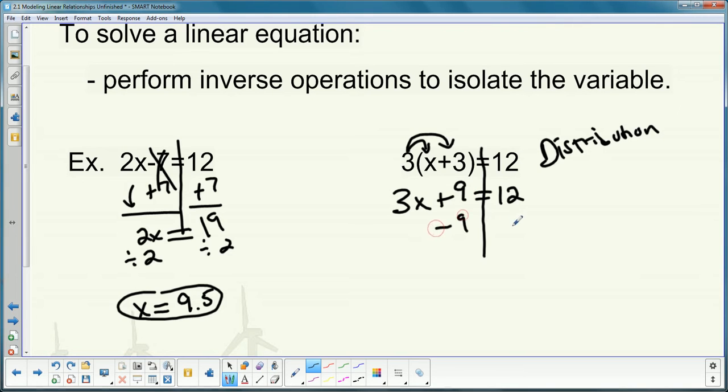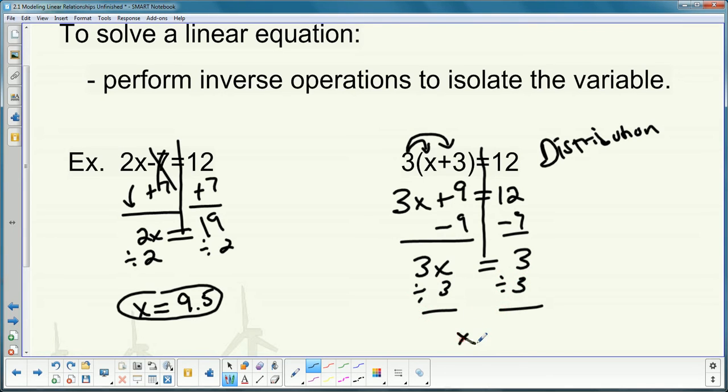We're going to subtract 9 from both sides, and that'll end up with 3x, bring down the equal sign, 3. We divide both sides by 3, and so that's going to end up x equals 1.